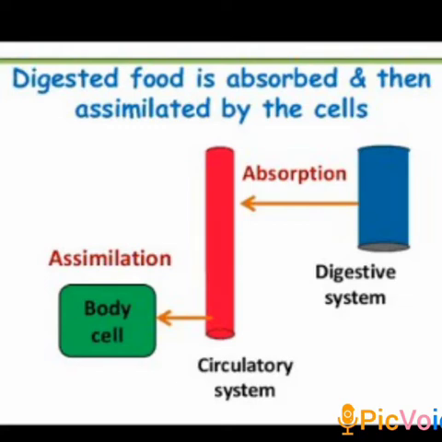The absorbed substances are transported through the blood to different organs of the body, where they are used to build complex substances such as proteins required by the body. This is called assimilation.